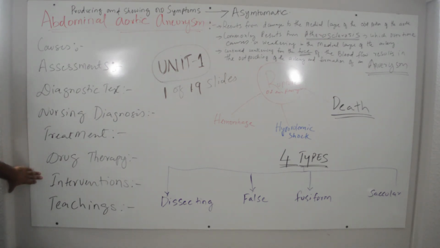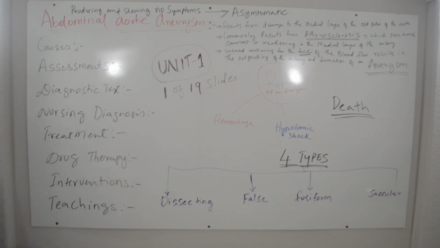Gently palpate abdomen for distension. Increasing deformities may signify impending rupture. Check peripheral circulation. Assess pain to detect enlarging of the aneurysm. Administer meds for pain and hypertension.